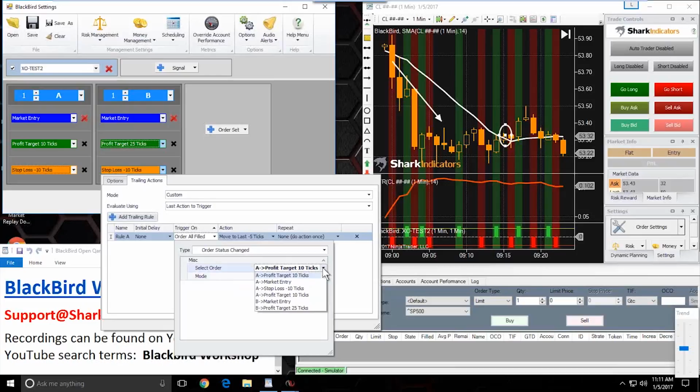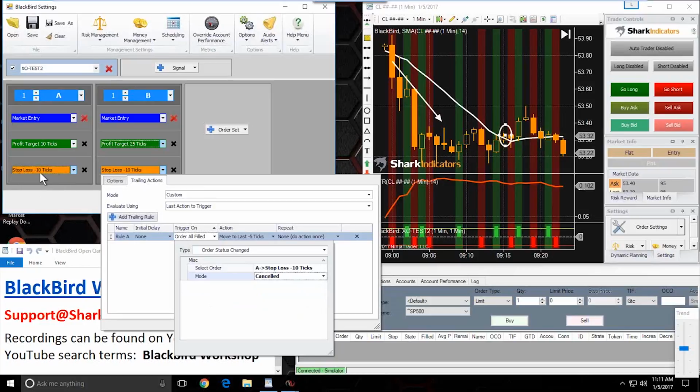Or here's another thing. Let's say the stop loss for order A gets canceled for some reason. I'm trying to think of a better example here, but we'll just go with this for now.